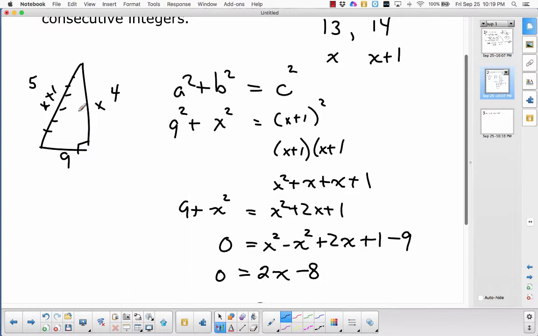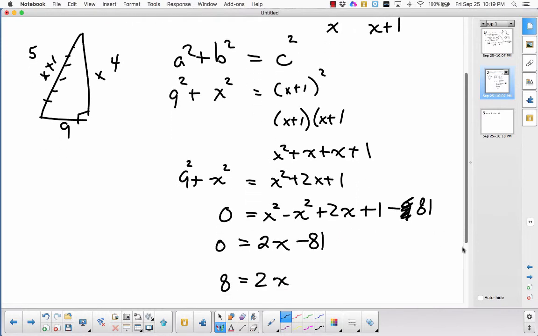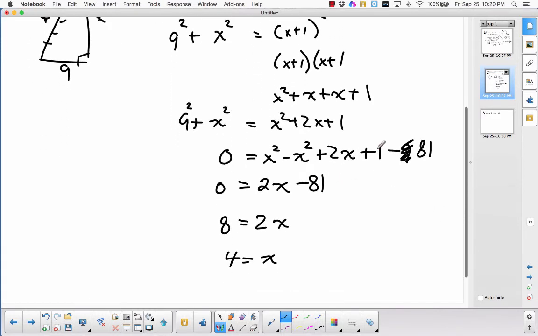What did I do? Oh, I know what I did wrong. I have a 9 squared here, and I just wrote it down as a 9. So that's 9 squared, which is 81, right? So this is 81. Oh, no, 1 minus 81 would be negative 80.